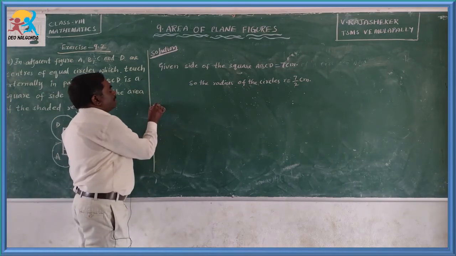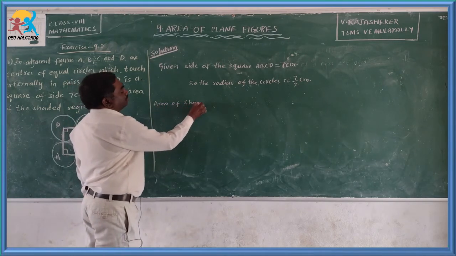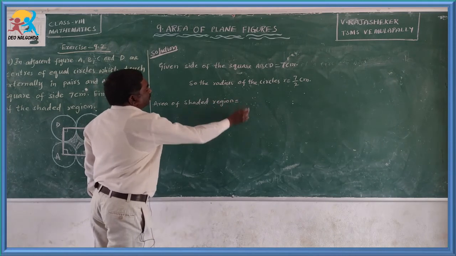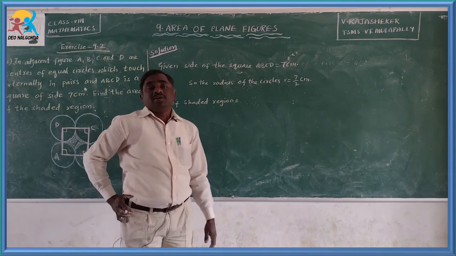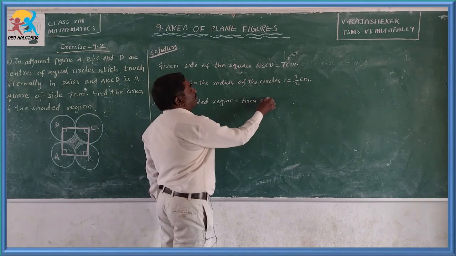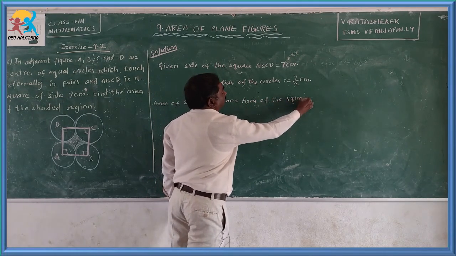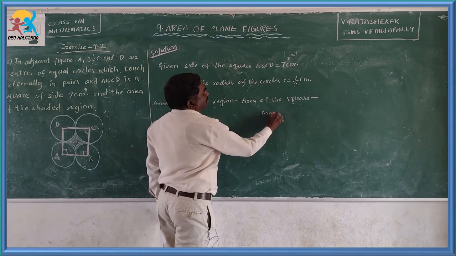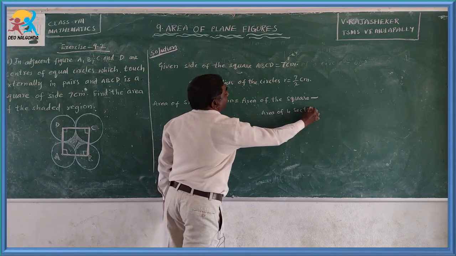Now area of shaded region is equal to, what can we write? We can write area of the square minus area of 4 sectors.